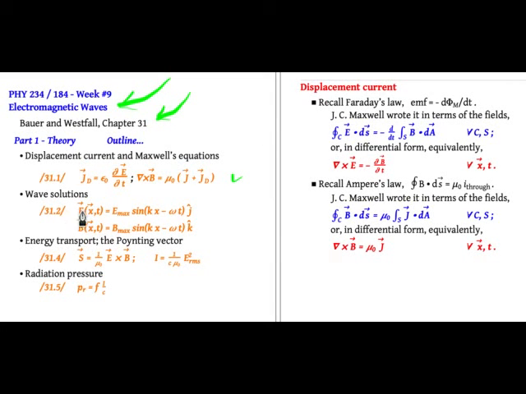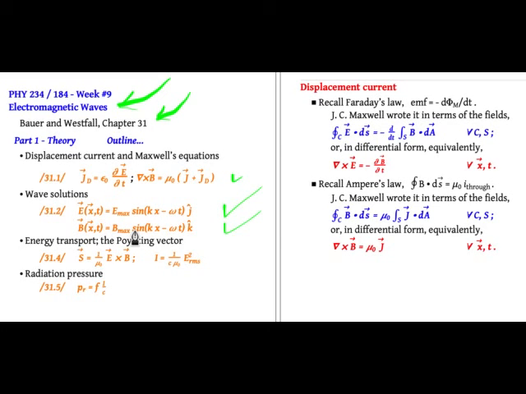Then the wave solutions. We'll have the set of 4 equations, and we'll show that these functions satisfy those equations. And that's a sort of simplest form of wave solution. These are solutions of Maxwell's equations in vacuum.